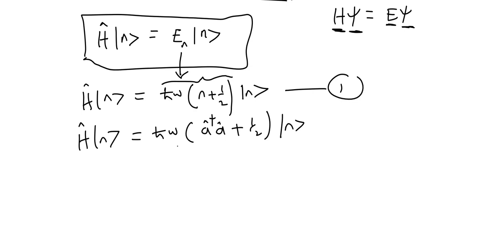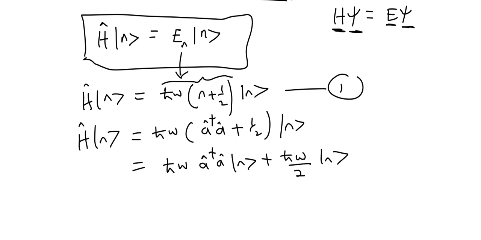We can split this bracket to have ħω a†a|n> plus ħω(1/2)|n>.